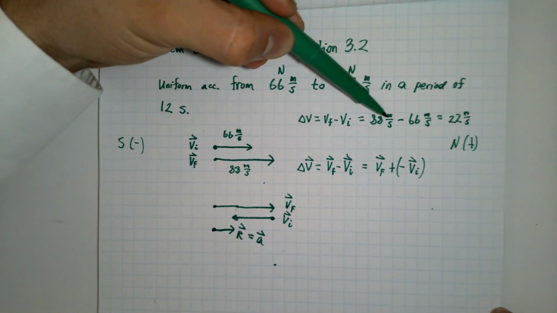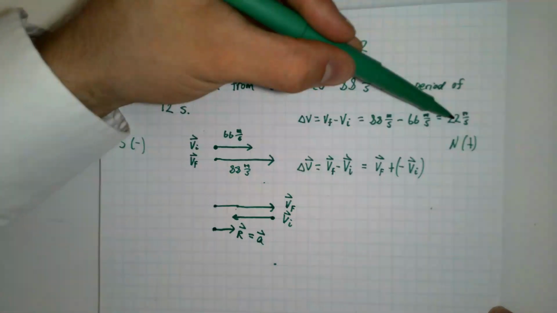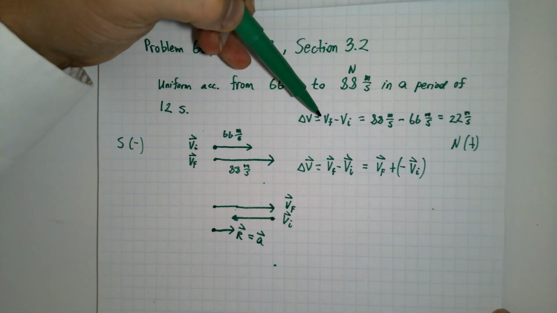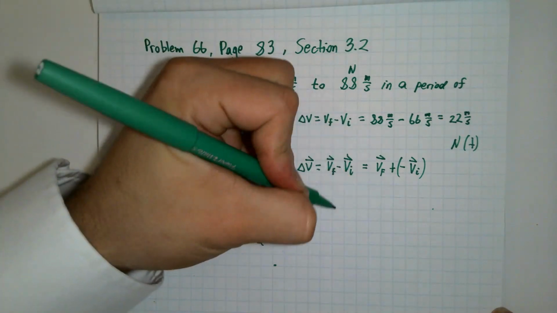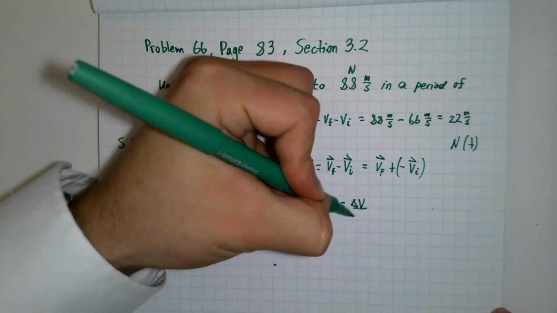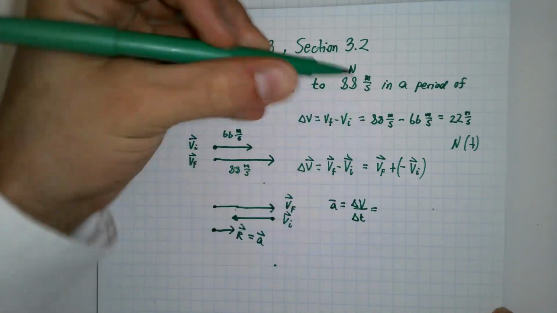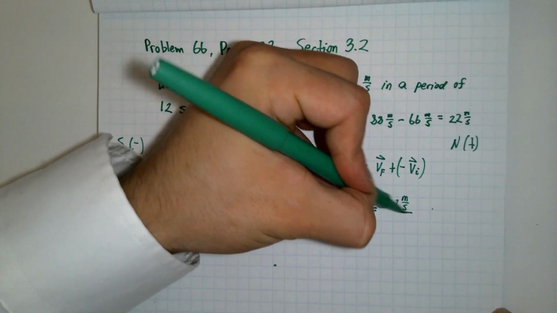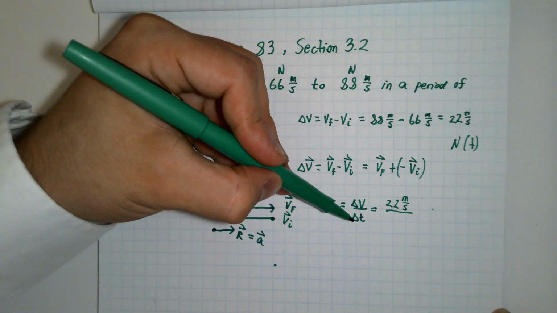Here we have the mathematical difference between our two velocities of 22 meters per second. If we wanted to find the mathematical value of our acceleration, we would take the average acceleration, which is defined by the change in velocity over the change in time. The change in velocity we already have as 22 meters per second. What period of time did this change in velocity occur?